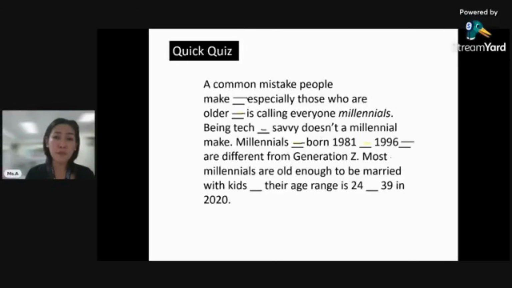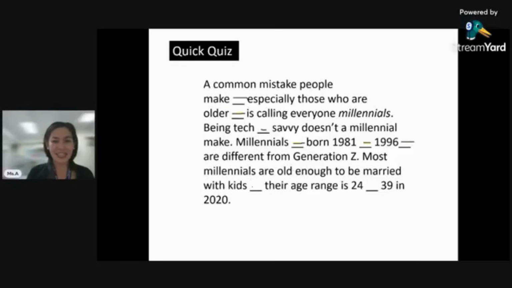Pero ito po kasing born 1981 to 1996, you're giving range. Okay, so lagyan natin ng pagka-range po pinag-uusapan, pages, ganyan. So, N dash po yan. Okay, magkasing haba ba? Yan. And then are different from Generation Z. So, most millennials are old enough, okay, to be married with kids.